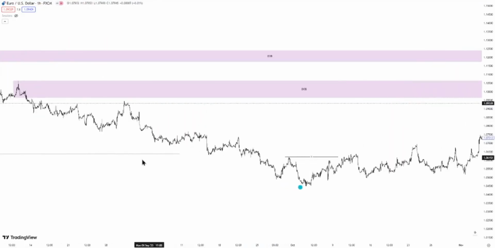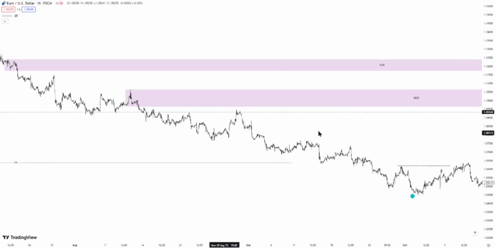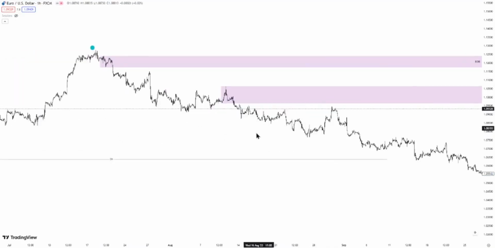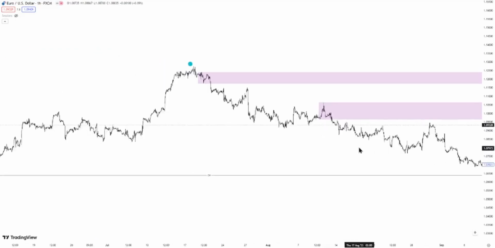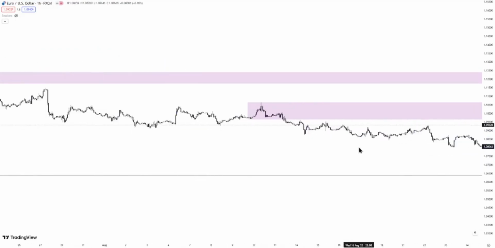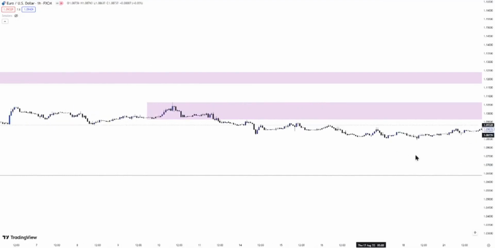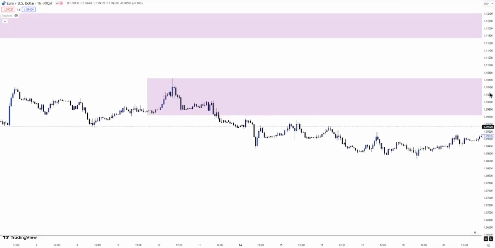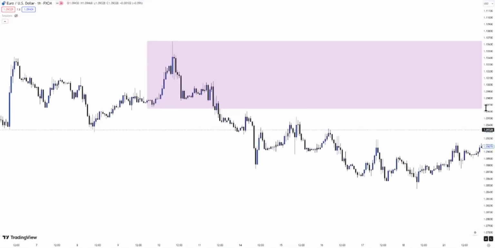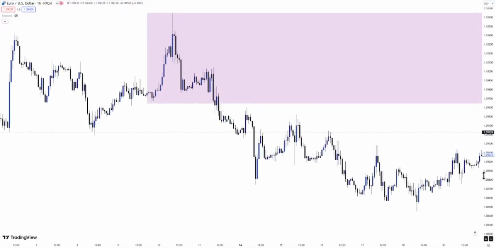Now, let's see. Okay, so this is that DOB. Remember that daily DOB. So we want to see, is there any refinement here that we can do?